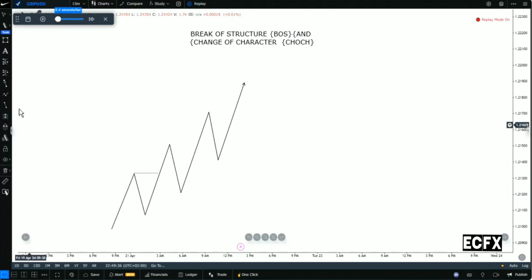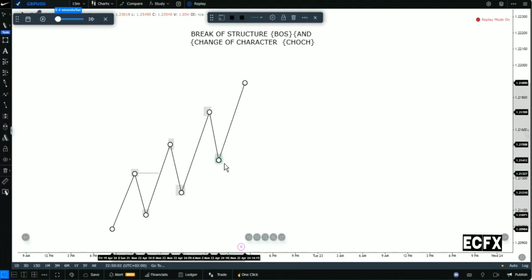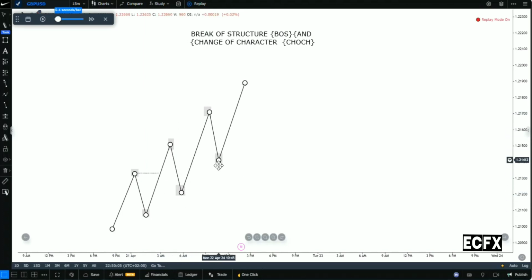In this case, this is a high, this is a low, this is a high, this is a low, this is a high as well, and then we have a new low. As you can see, price is clearly moving to the upside, creating highs, higher lows, higher highs, higher lows, higher highs, higher lows. That's the terminology we use when identifying market structure.